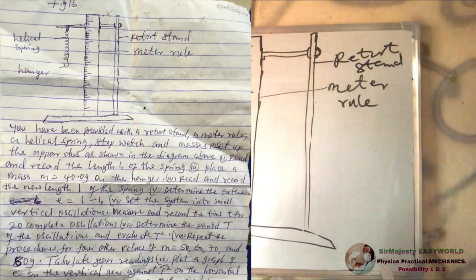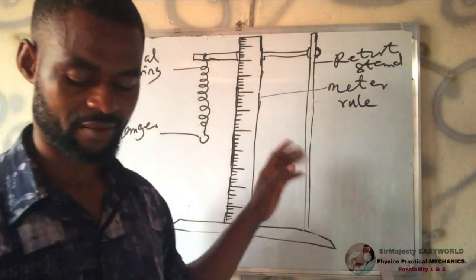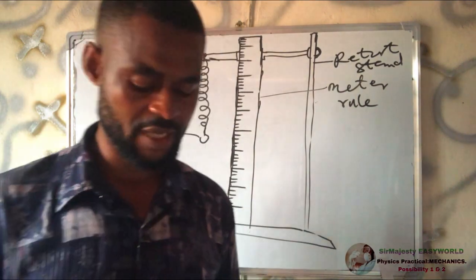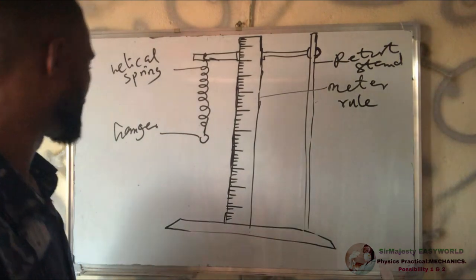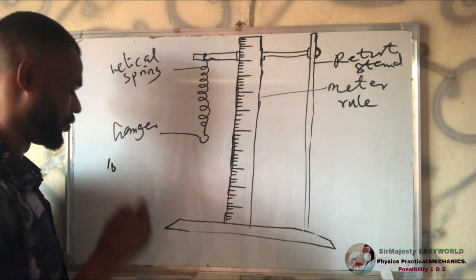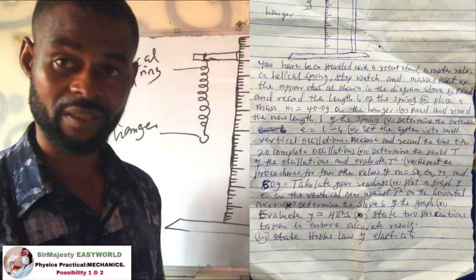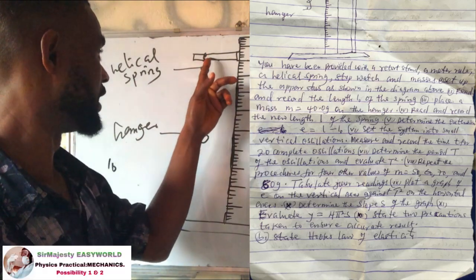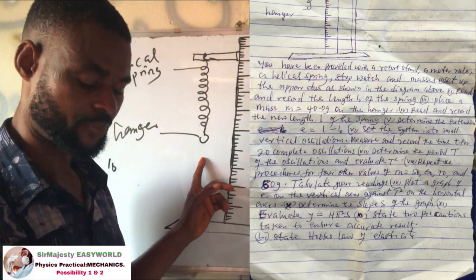Set up the apparatus as shown in the diagram. Read and record the length l0 of the spring, from here to here.